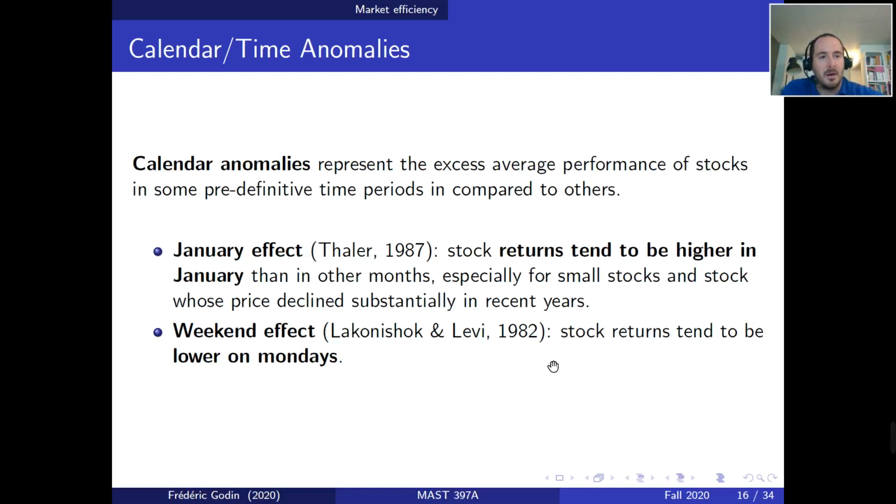It's hard to say. But we can point to the fact that it's hard to reconcile this with the market efficiency hypothesis, because it seems to indicate that there are some predictable patterns in stock prices.